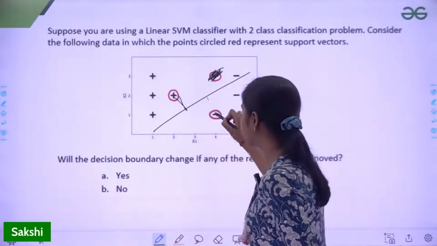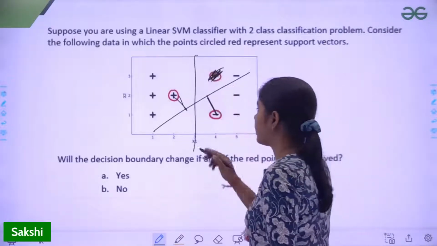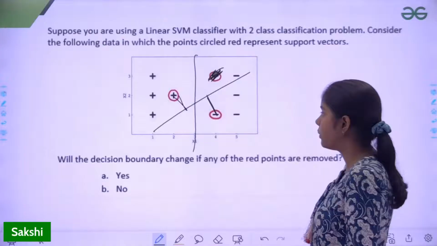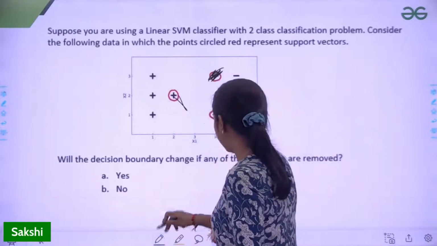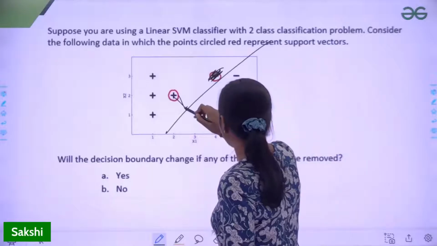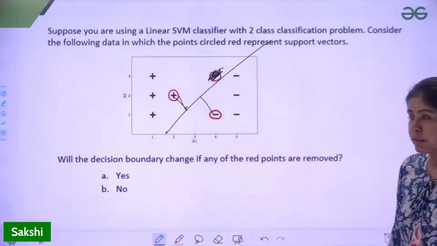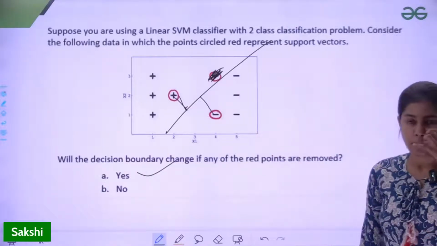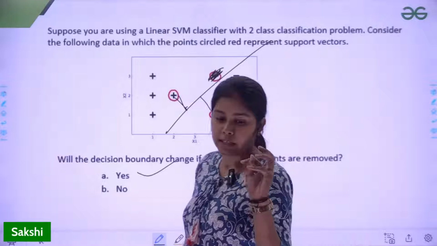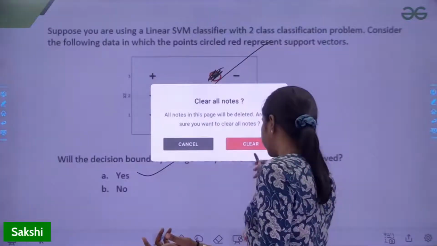Then I'll have an equal distance from this point and this point, so there is no point in taking the earlier one as my decision boundary. I'll take this as my decision boundary if I have only 2 points. So yes, the decision boundary changes if any of the red points are removed. So all the support vectors are important when finding the decision boundary.